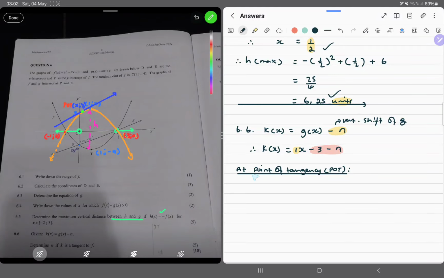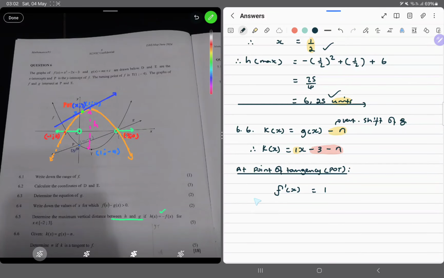Sometimes using abbreviations is bad, okay? One needs to introduce that and then use it. It is such that the first derivative of our f function is equal to the gradient of our function k, which is 1, because we can see that that gradient is 1.